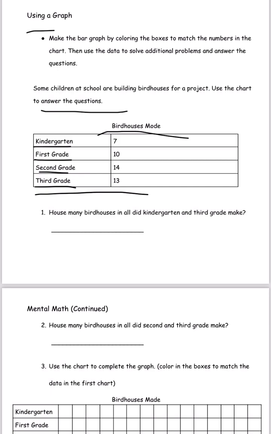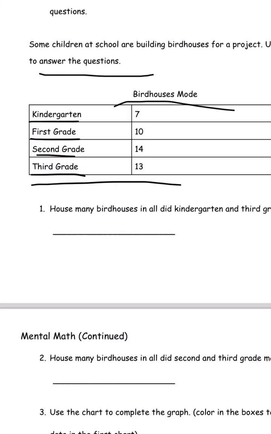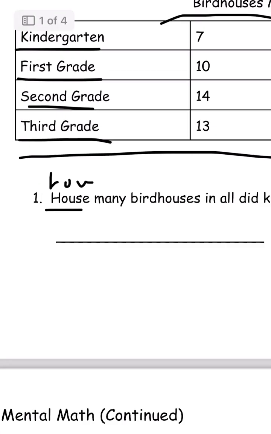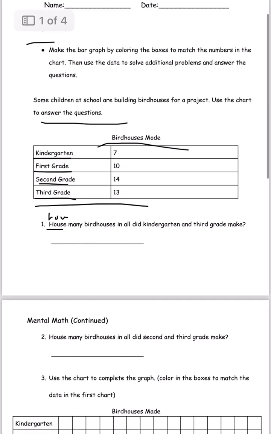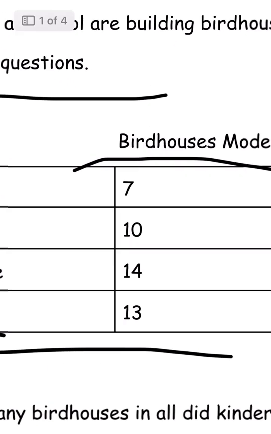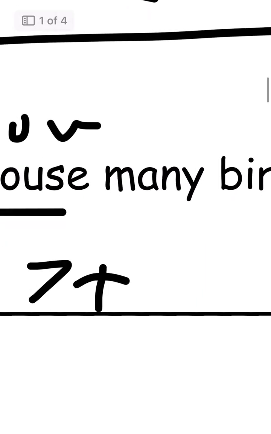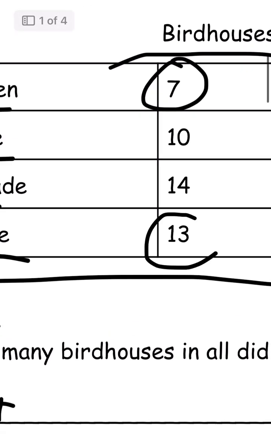It says, how many birdhouses in all did kindergarten and third grade make? So kindergarten made 7, so 7 plus, and third grade is 13.